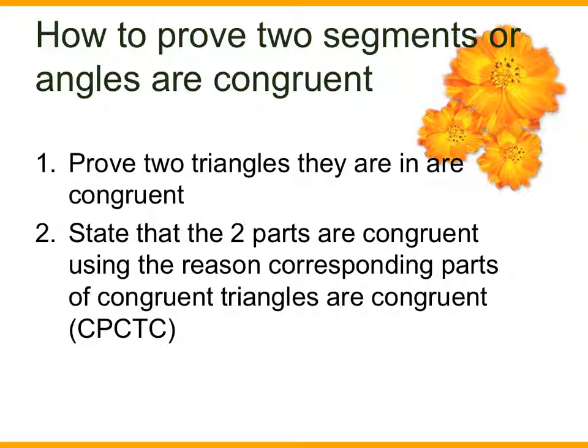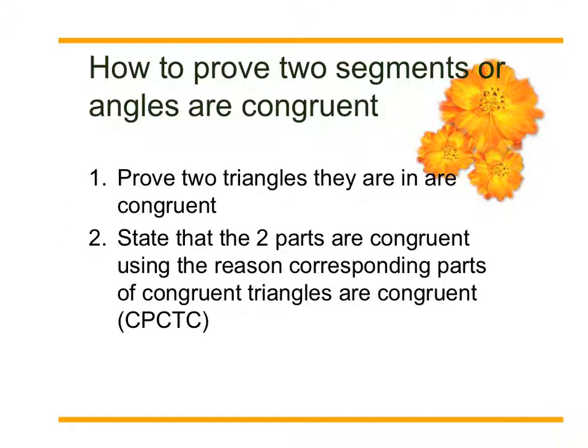So here's how we're going to prove 2 segments or angles are congruent. Once you prove 2 triangles are congruent, again using one of the 5 shortcuts, then our last statement will be whatever segment or angle they're asking us to prove congruent.